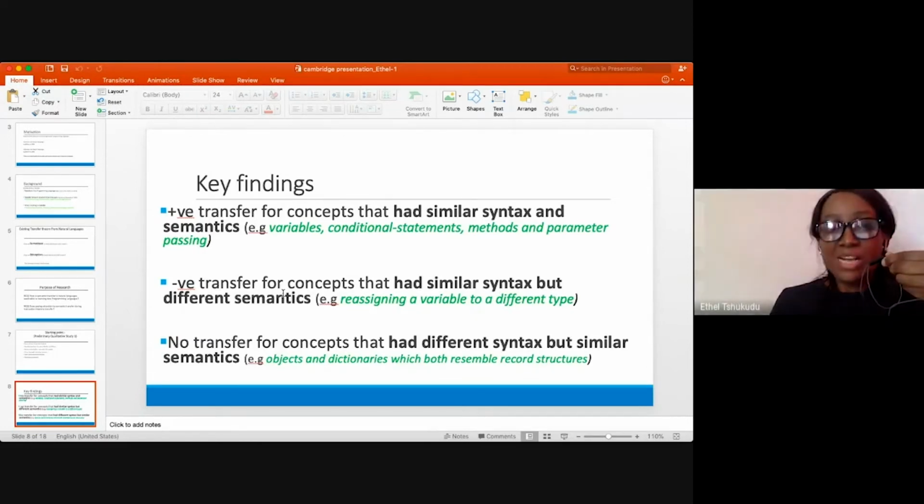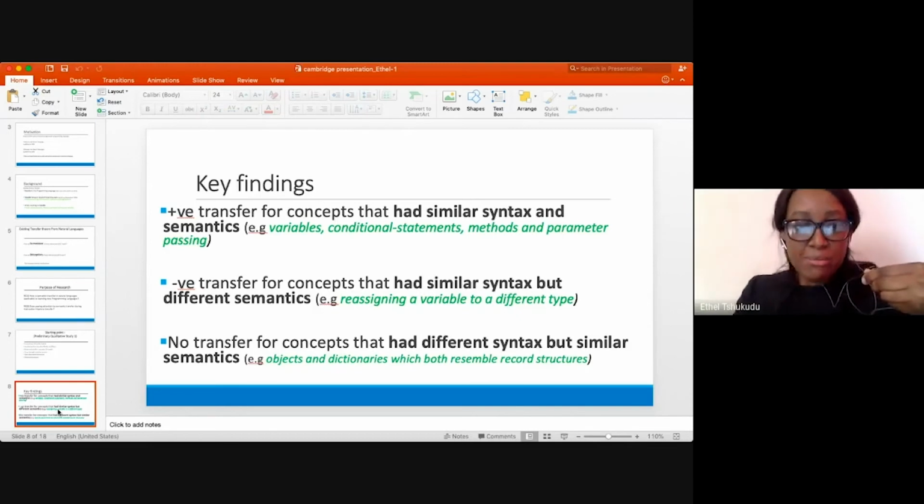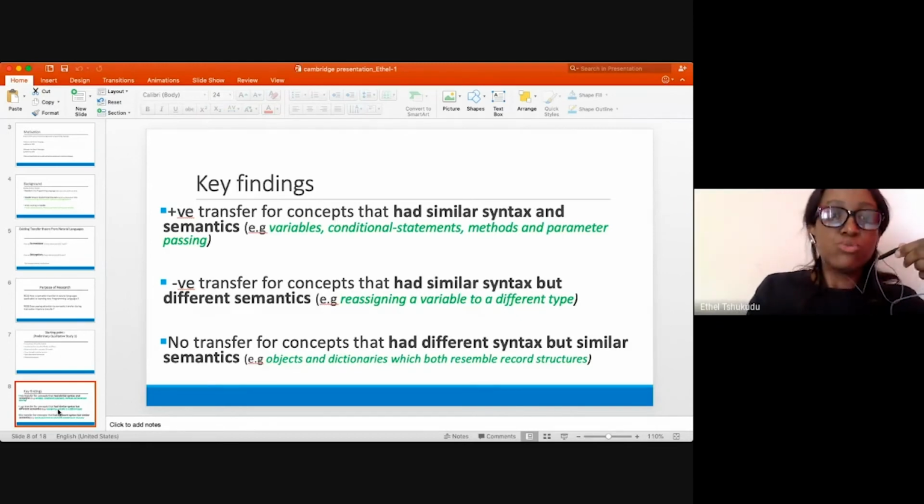And then there was the interesting case where there was no transfer or minimal transfer, and this had to do with objects. Students were already familiar with a data structure from Python, and the one I would link to objects would be a dictionary.